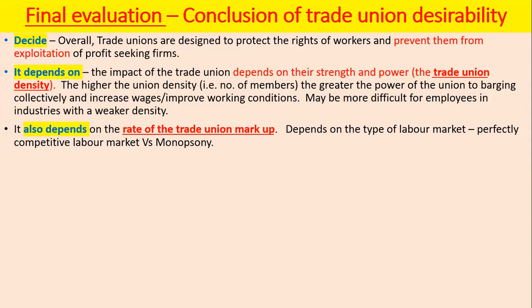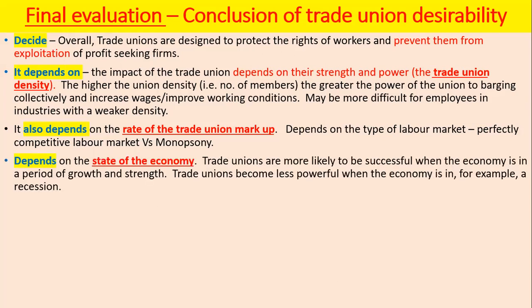Whereas in a monopsony labour market, it can increase pay and increase employment. So we would argue that it depends upon the rate of the union markup, but also upon which labour market you're looking at. We would say that unions are better in a monopsony, but they have greater unintended consequences in a perfectly competitive labour market.